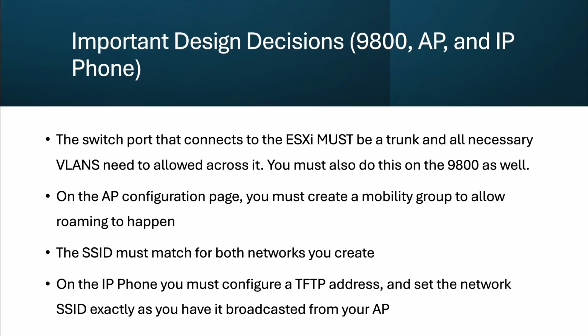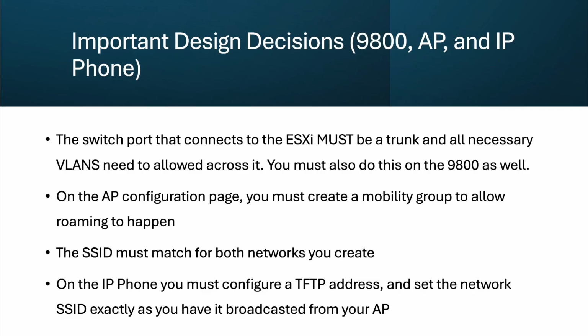If you have it typed even slightly wrong, like if you have a capital letter, or anything, your phone will not be able to connect to your AP, and it will just never register. So when you're configuring everything, make sure that you check these 4 things if you're having any issues.